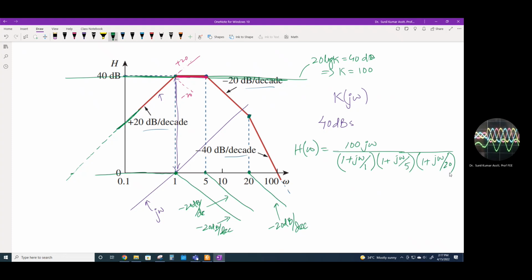This will be the final expression of the transfer function. To make it clearer, I will just simplify.